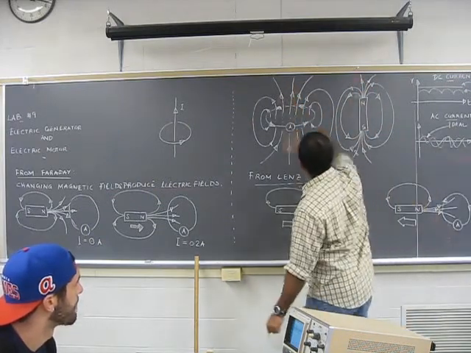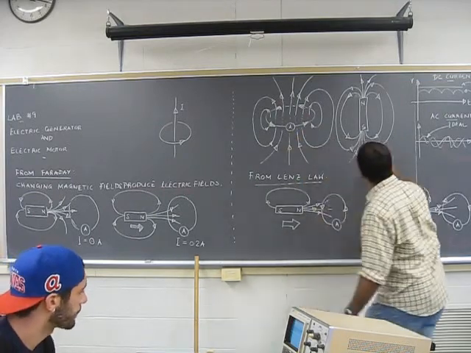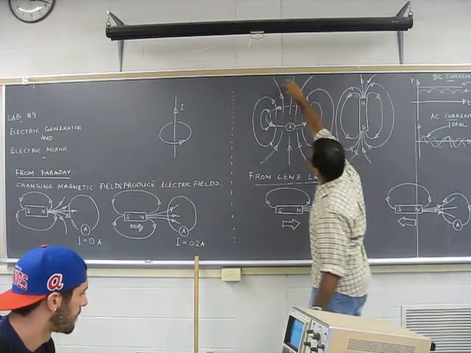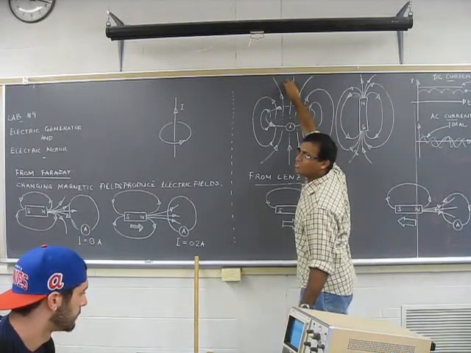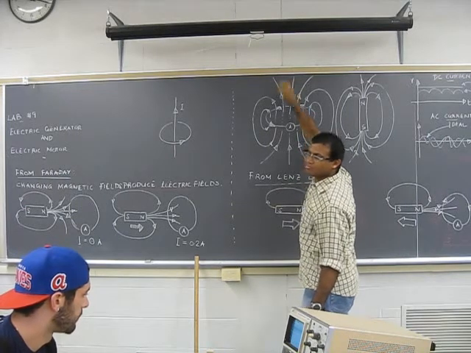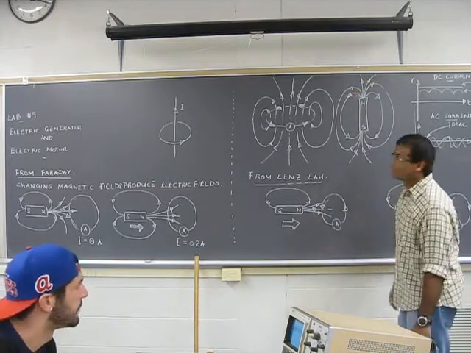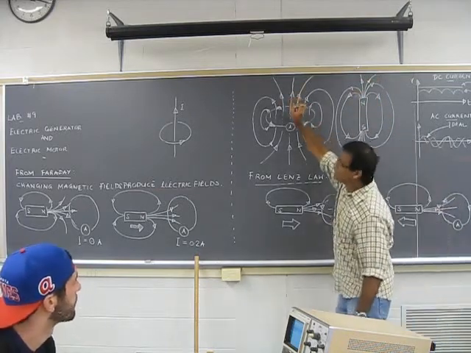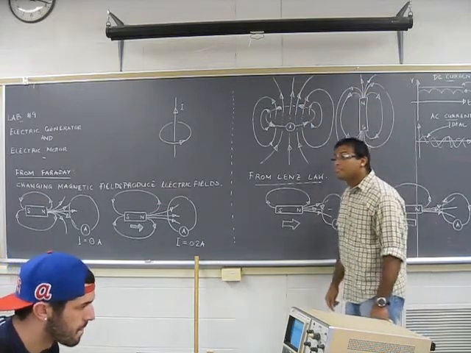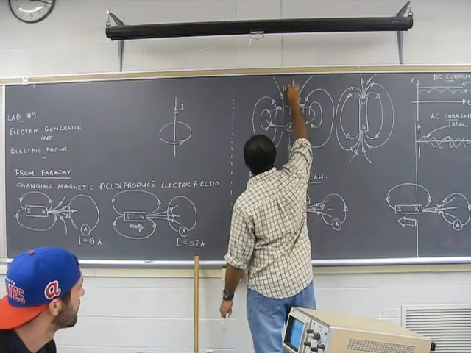Field lines are coming and getting together at the bottom. Tell me, what would this end look like if you were to look at it as a magnetic pole? Field lines are moving away. North pole. That's exactly right. This is going to be a north pole.